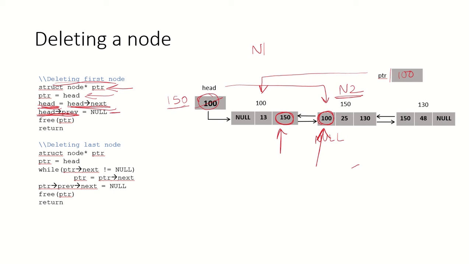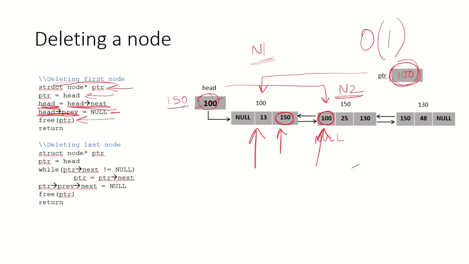And finally, we have to free the space being occupied by N1, and so we will simply write free PTR, because the address of this node is available in this pointer variable PTR. So free PTR will release this space being used by node N1, and it will be returned back to the heap. The time complexity, as you can see, would be order of 1. It will take constant time to delete a node from the beginning.